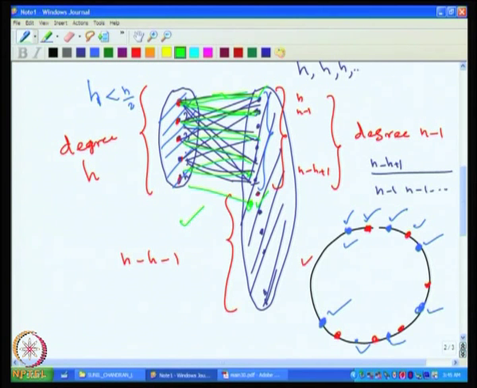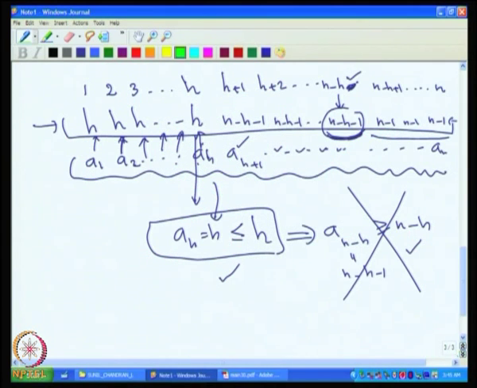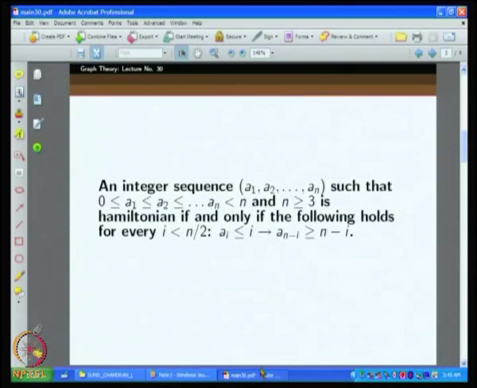If it happens to be less than or equal to n minus h minus 1, then we know that there is a graph whose degree sequence is pointwise greater than or equal to this sequence and is not Hamiltonian. So, Chvatal's condition characterizes the Hamiltonian sequences, right. So, that is what the theorem says.